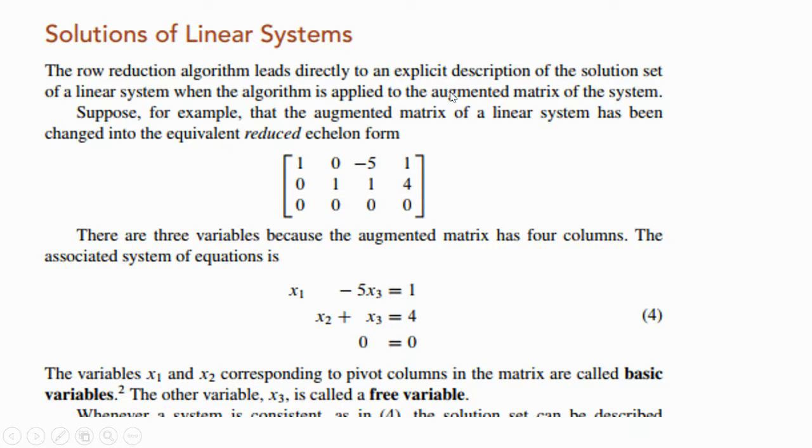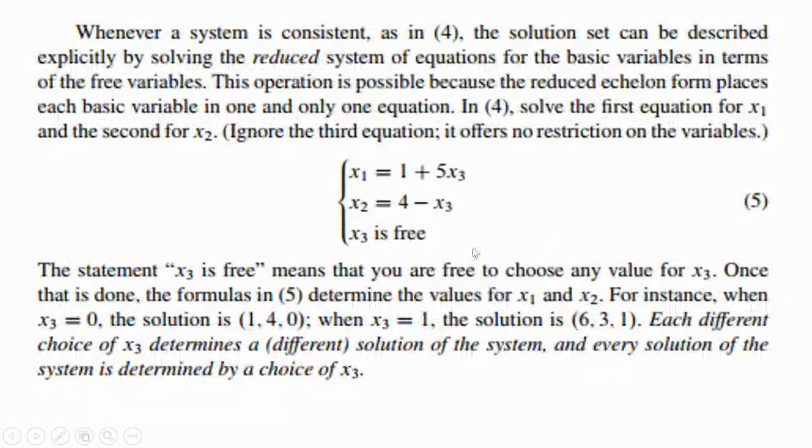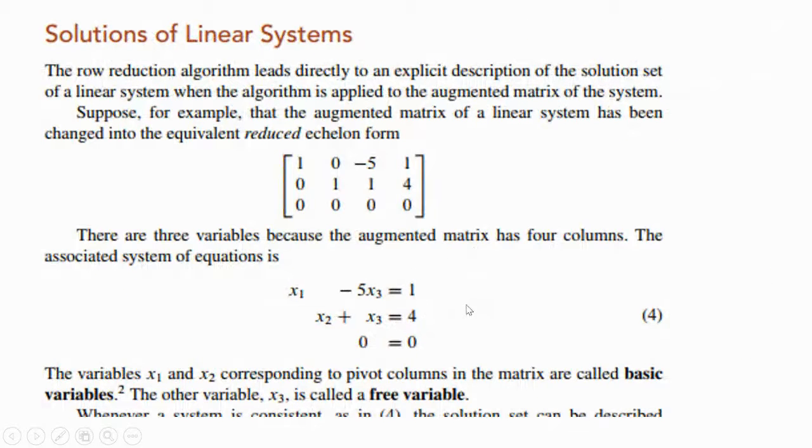So the row reduction algorithm leads directly to an explicit description of the solution set. So for example, here, if I looked at this, I would see that I have a free variable because of the row 0, 0, 0, 0. So it really doesn't matter what x3 is because that's a free variable; that's always going to be 0 equals 0.